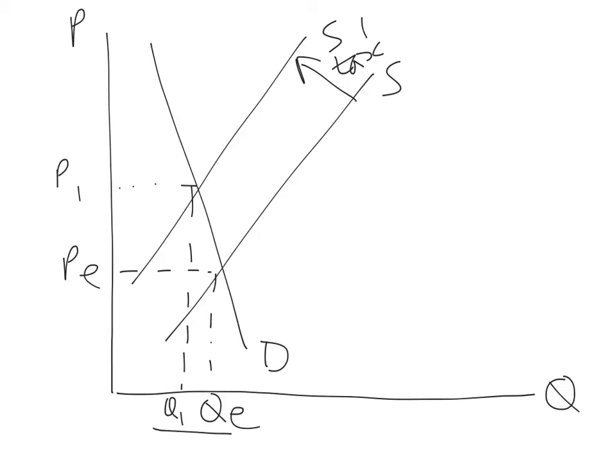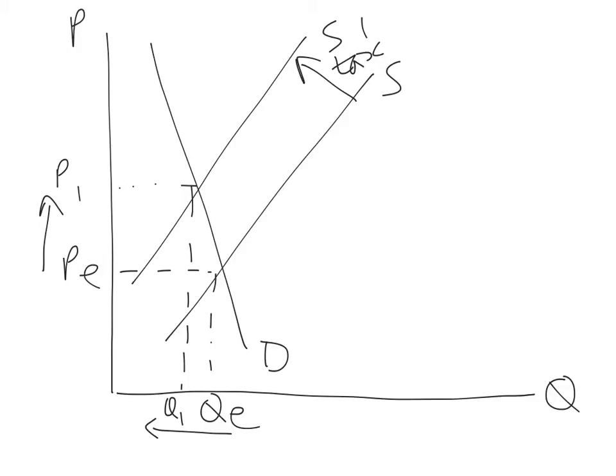Many of these specific taxes are levied by the government on products that not only it knows it can raise quite a lot of revenue from, but it might also do it because it wants to lessen consumption. As you can see here, both production and consumption are going to fall from QE to Q1.